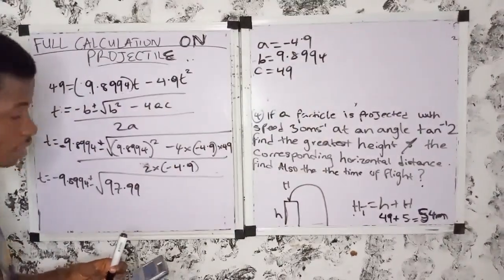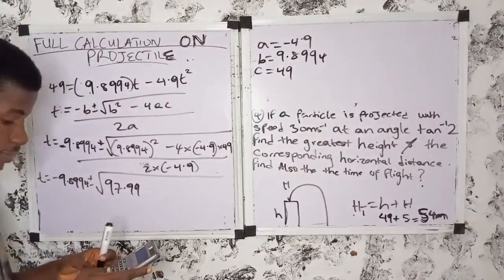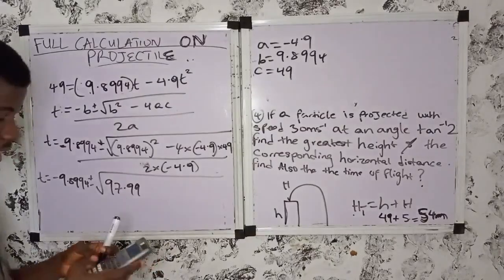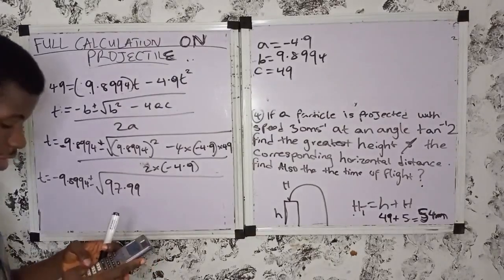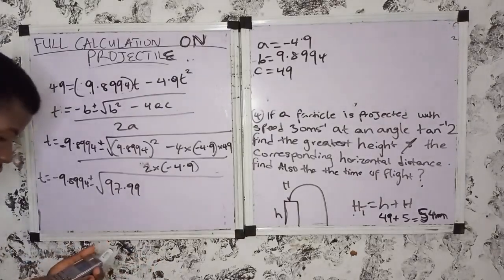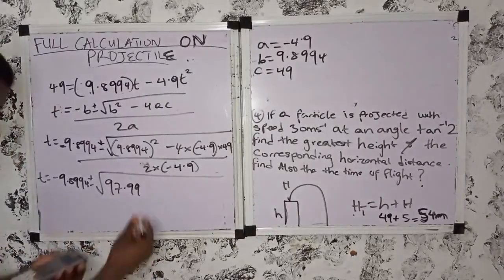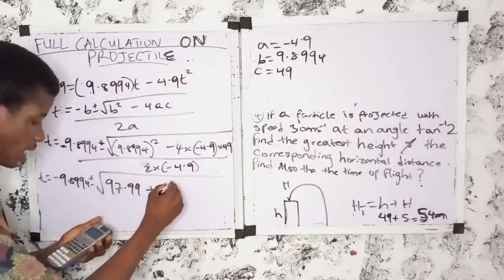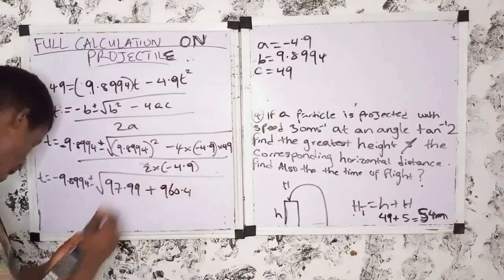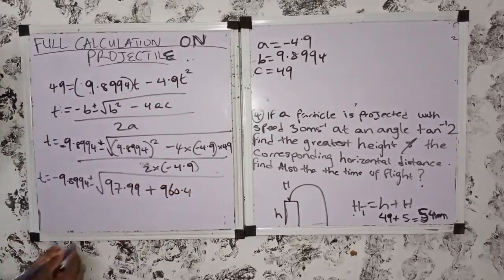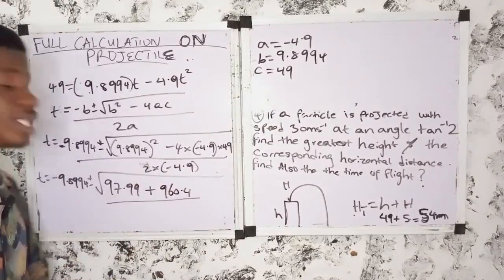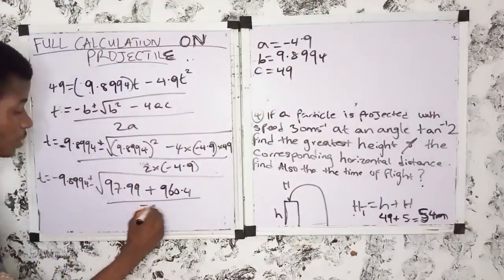So minus 4 times minus 4.9 times 49 gives us 960.4. Then we divide by 2 times minus 4.9, which gives us minus 9.8.